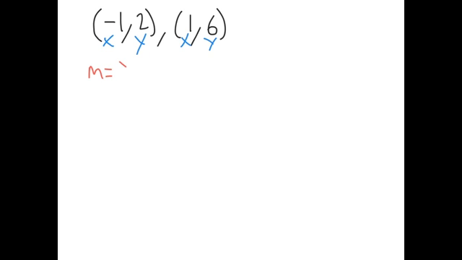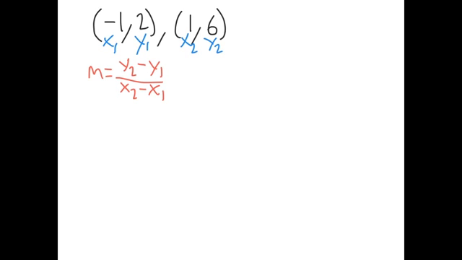M equals y2 minus y1 over x2 minus x1. So remember, this was the first point, so this is the x1, y1. This was the second point, x2, y2.